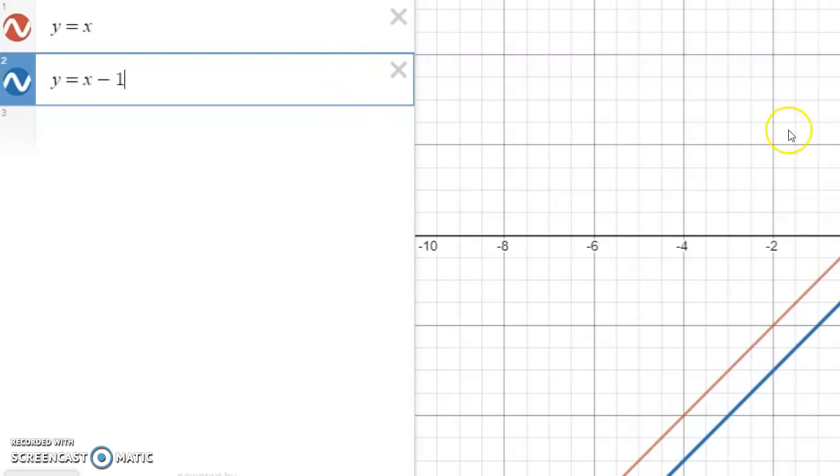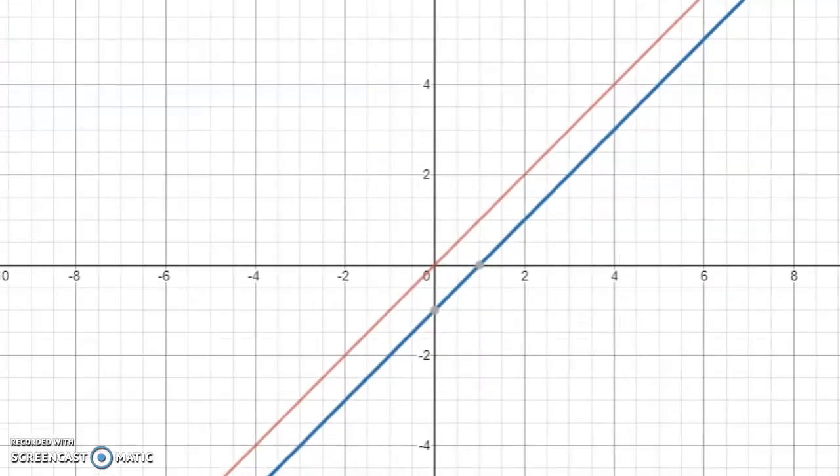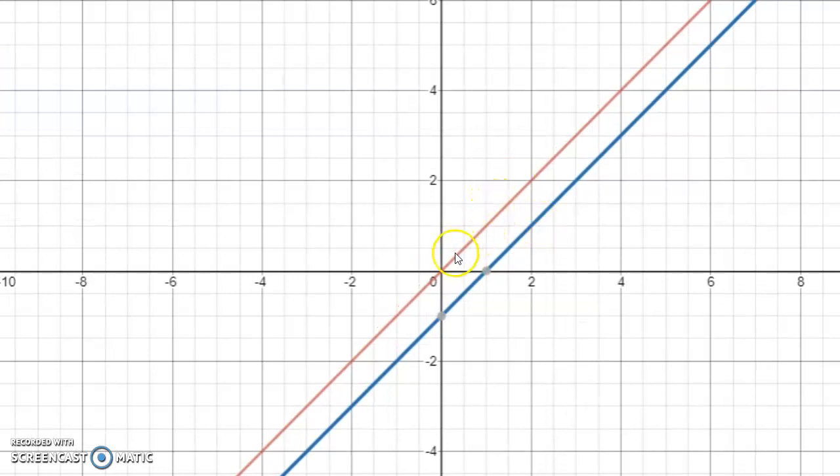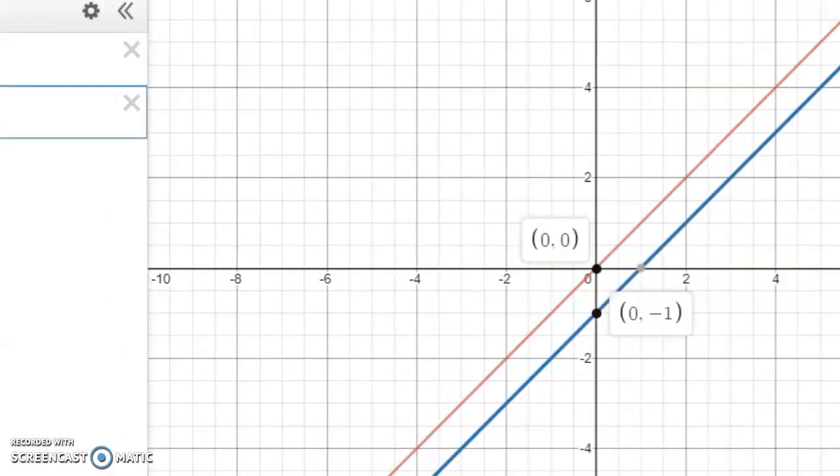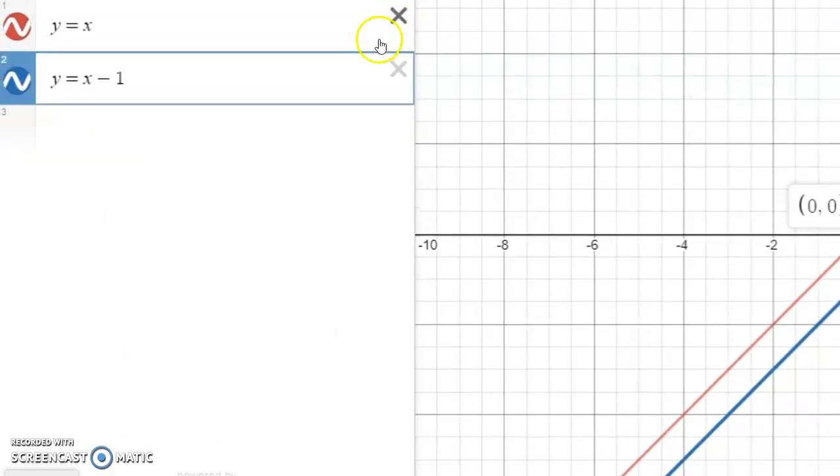And you can see what that does is that just takes the y equals x function, which is right here, and moves it down 1. Goes through the negative 1, just like the graph has x minus 1.